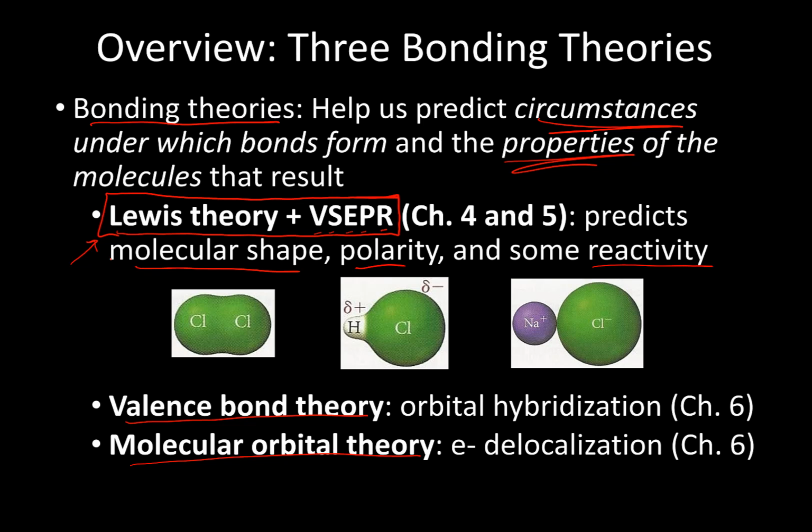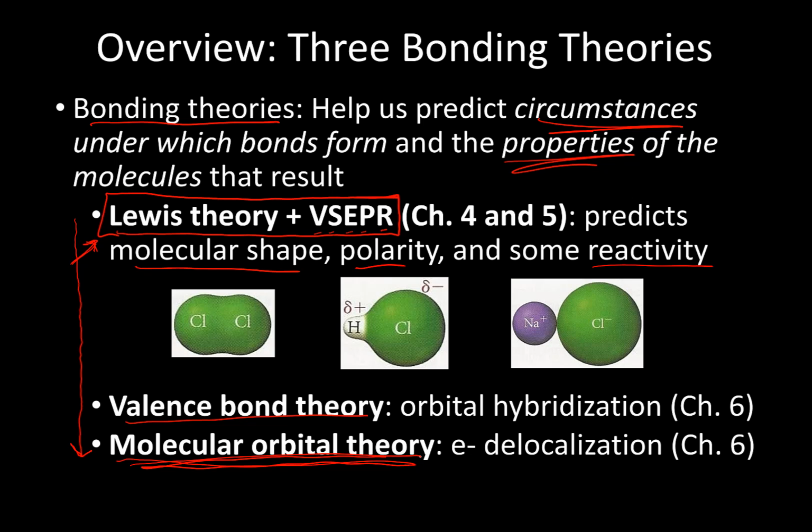But the trade-off is that it's easier to visualize molecules when you're dealing with Lewis theory and VSEPR, and it gets increasingly more difficult to visualize molecules in a way that's tangible to us as humans, and we can't see these molecules. When we look in the air, we don't see anything, right? So molecular orbital theory is by far the most accurate, but it's also the hardest to visualize.